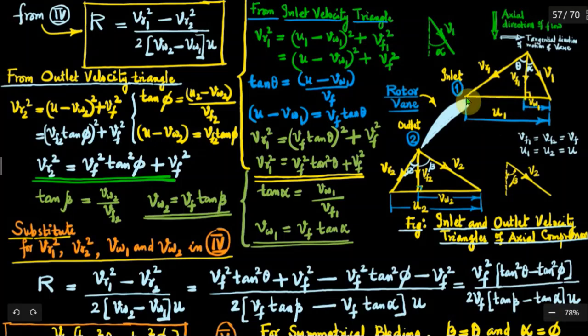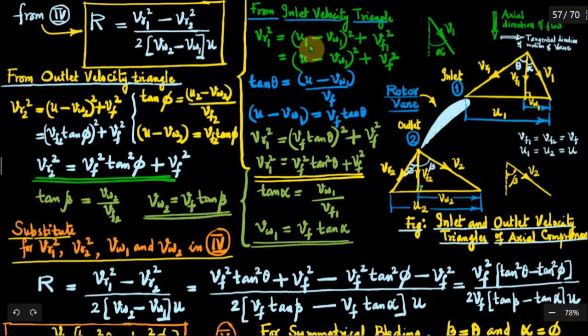So the base of the triangle under consideration is U1 minus VW1. So VR1 square is equal to base square plus altitude square, that is U1 minus VW1, that square, plus VF1 square.